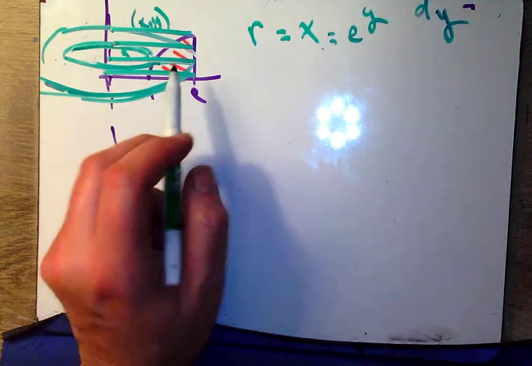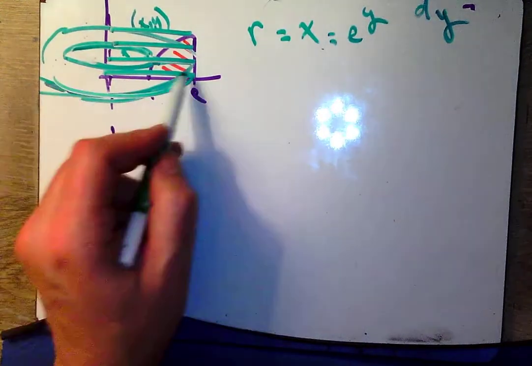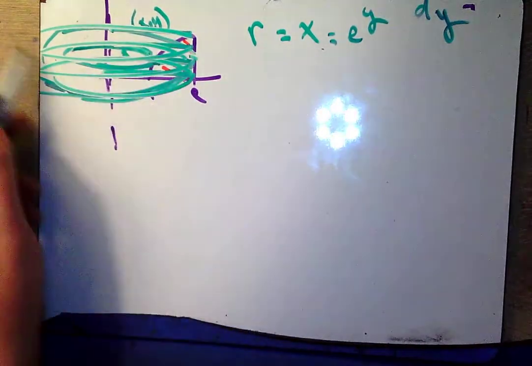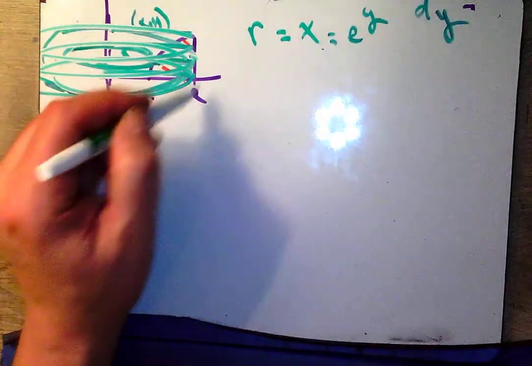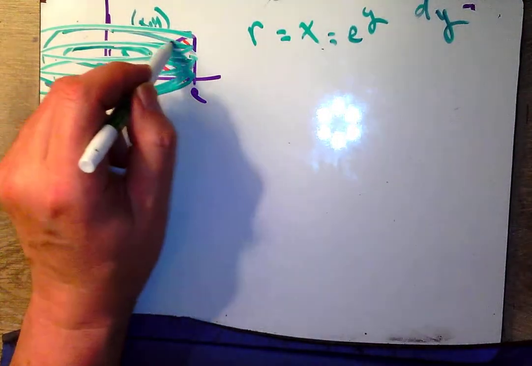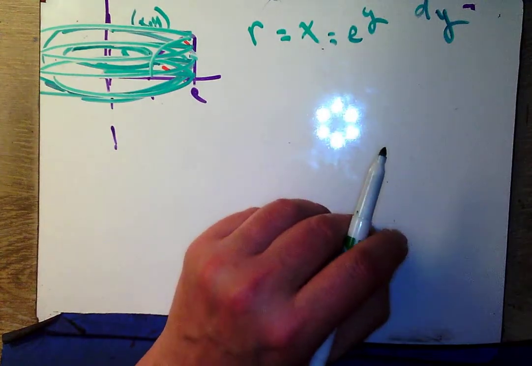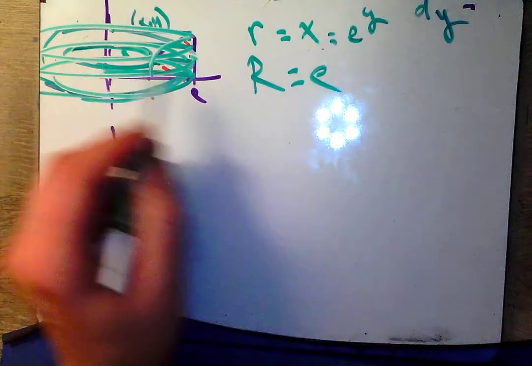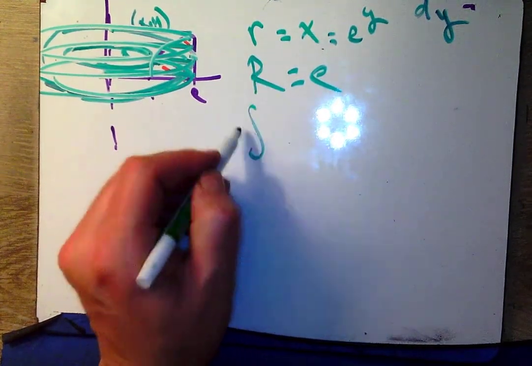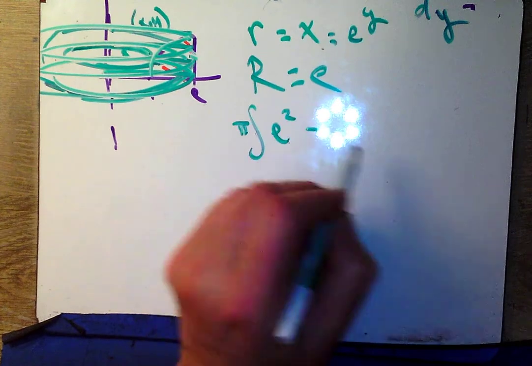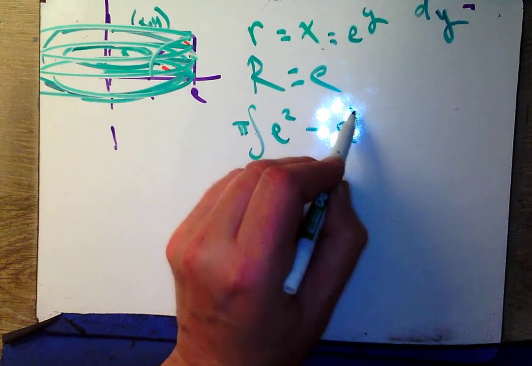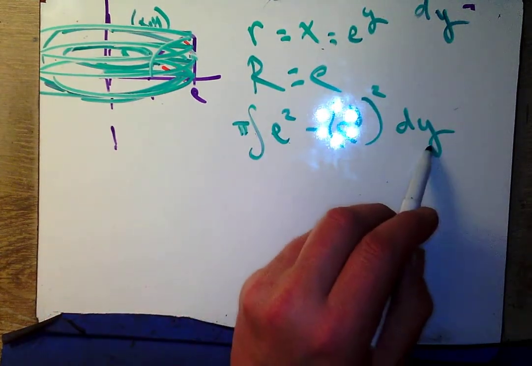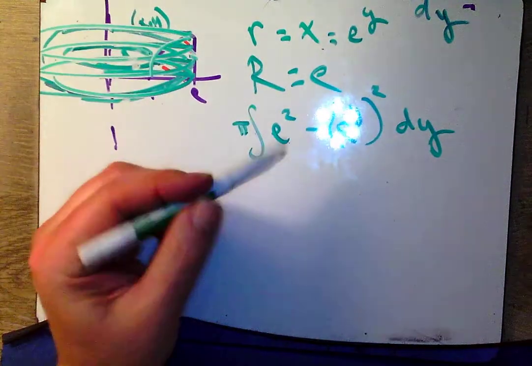No matter where I choose to draw, I always get the same outer radius. This is going to form a cylinder on the outside with this sort of curvy funnel-like shape on the inside. Big R is a constant e. So my pi, e squared minus e to the y, don't forget squared, dy.